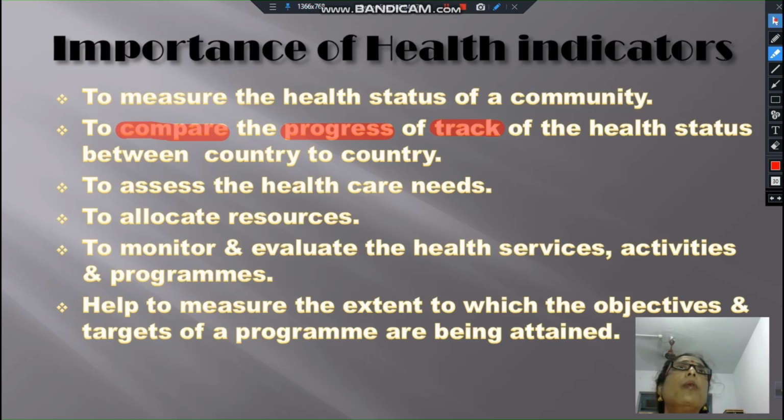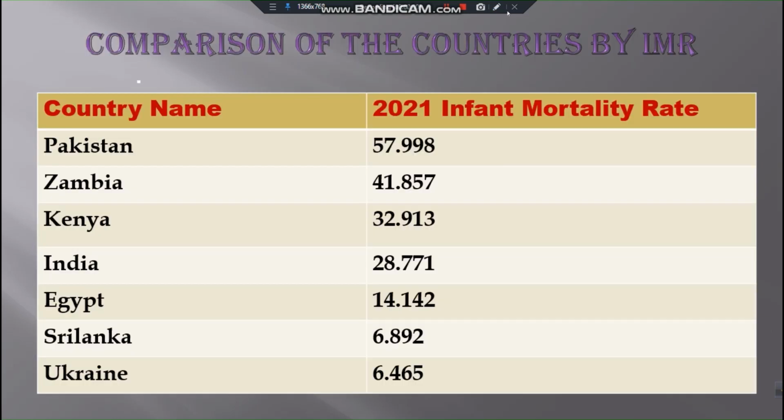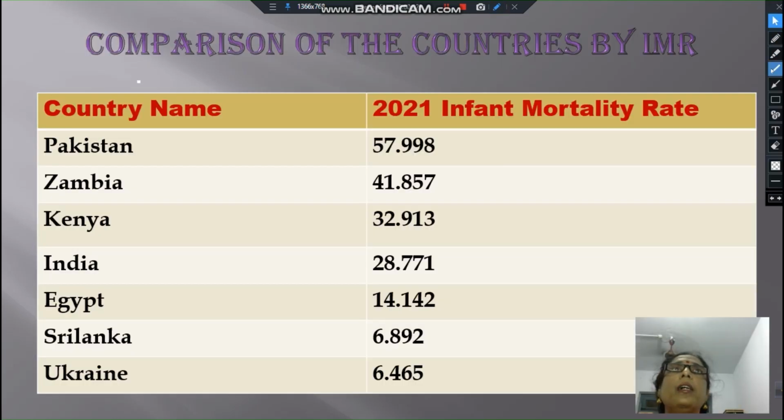So one example, comparison of the countries by IMR. Infant mortality rate of Pakistan in 2021 is 57.998, and Zambia 41.857, Kenya 32.913, India 28.771, and Ukraine 6.465.